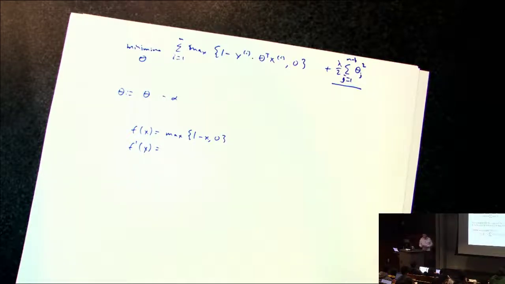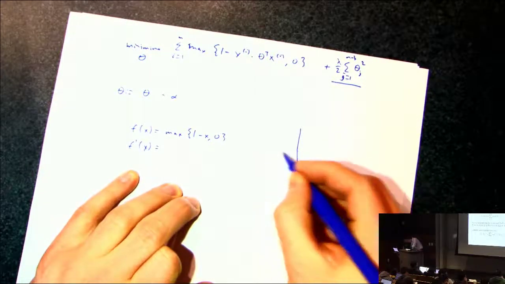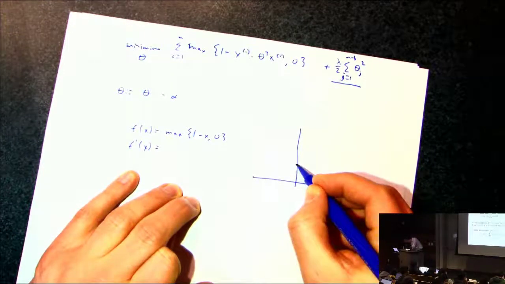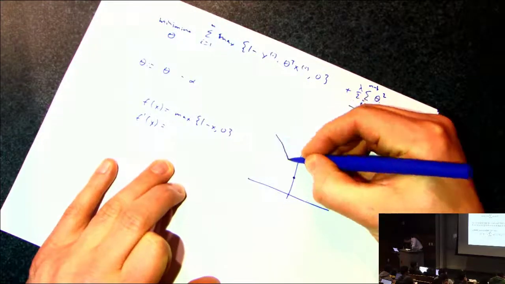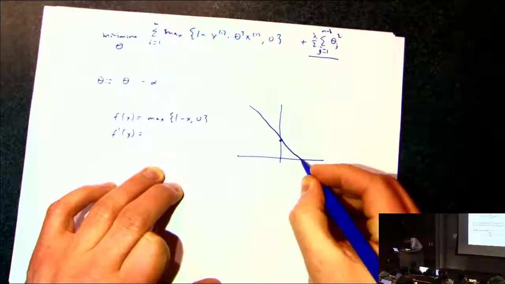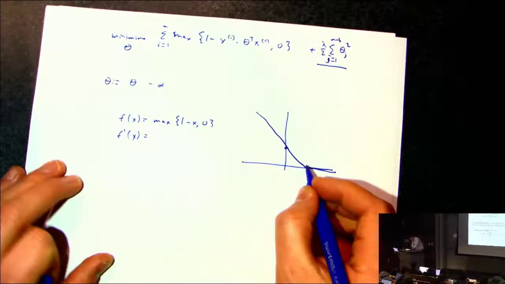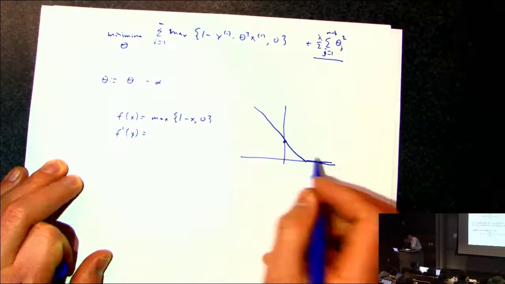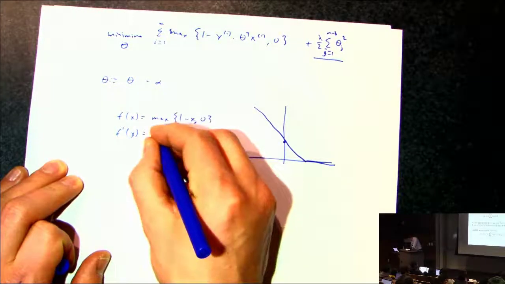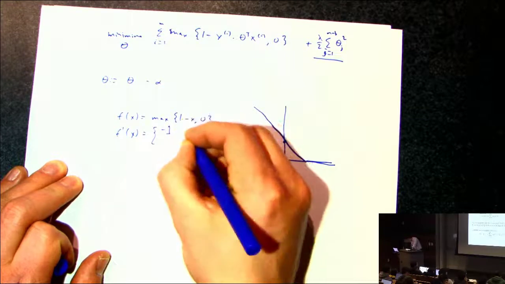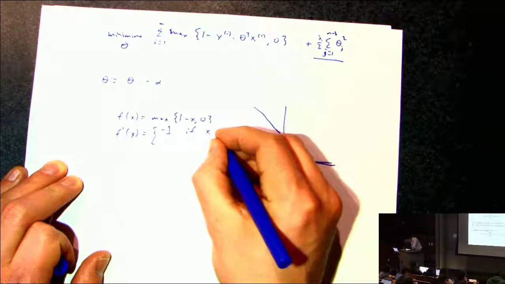Yeah, so actually this is a good question. Let's just look at the function. The function goes through the point 0, 1, and looks kind of like this. Let's say what the derivative is. In this region, the derivative is always negative 1. Here, it's always 0. So the derivative is negative 1 if x is less than or equal to 1.